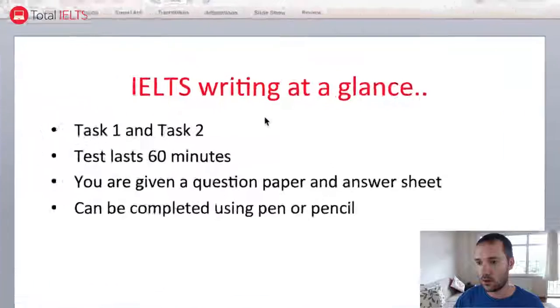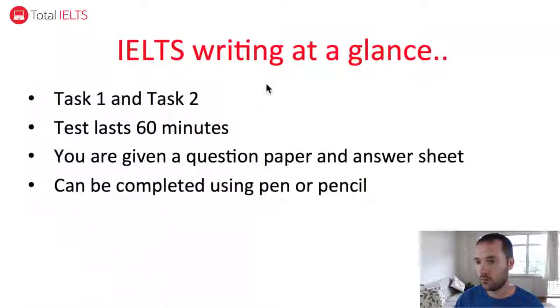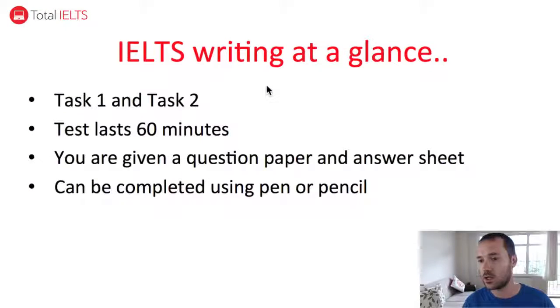So if you're not familiar with the IELTS writing section and you're completely new, I just wanted to start with a brief overview of what is required for this section of the exam. So there's 2 tasks, and this is the same for both the academic and the general training version of the test.